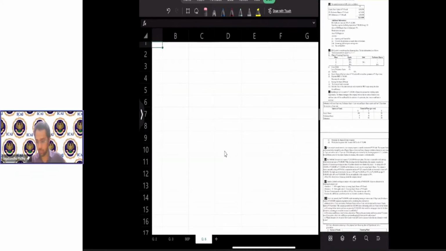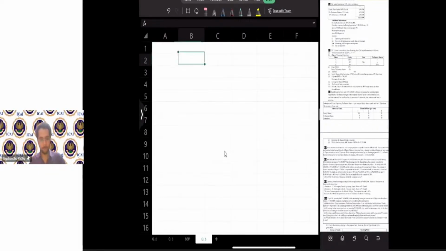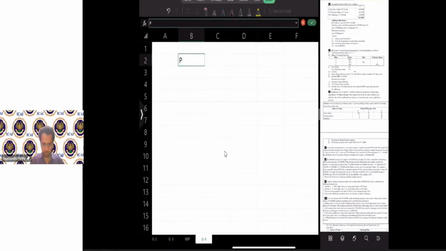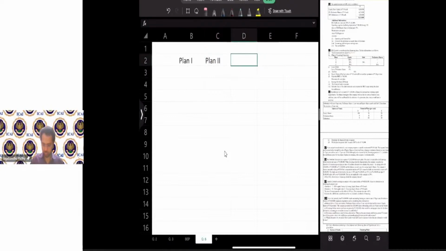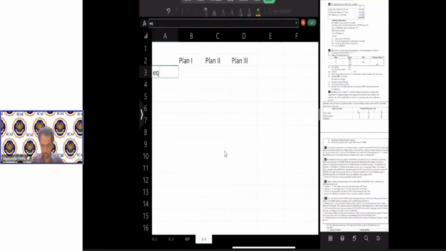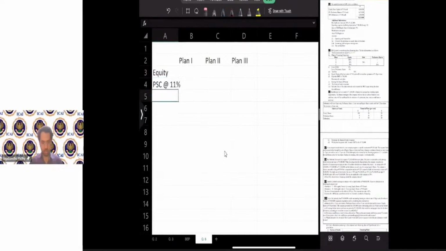So we have got 3 financing plans: plan 1, plan 2, and plan 3. For each of these plans, we have 3 different things: equity, preference share capital at 11%, and debt at 10%.